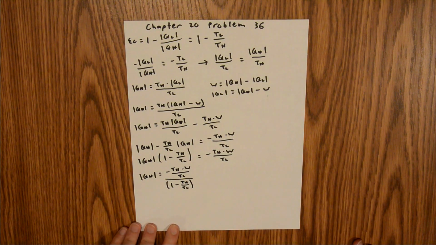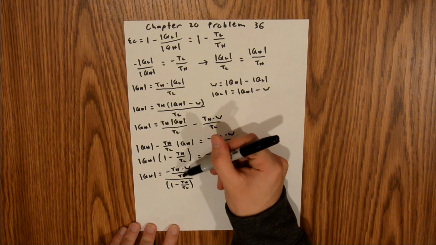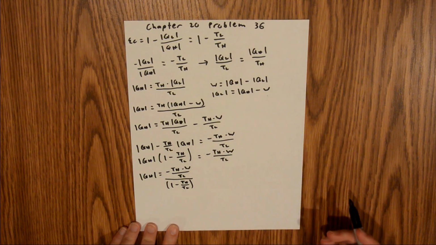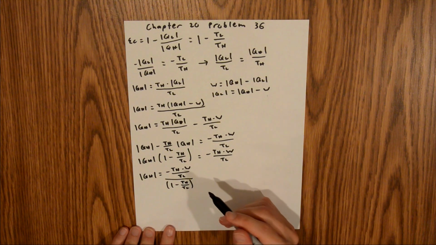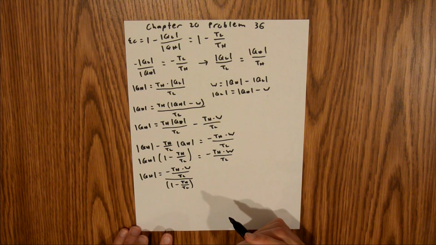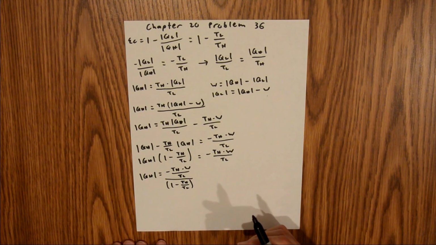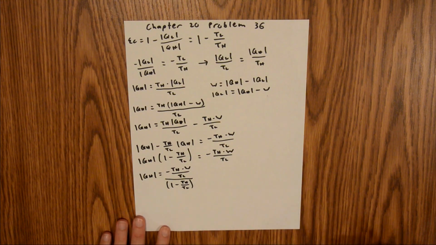And so in the problem we are given W, TH, and TL, so we have everything we need to solve this problem, but the temperatures given are in Celsius, and so we're going to want to convert those to Kelvin because the Kelvin scale is all positive numbers, and so that makes these ratios work out.